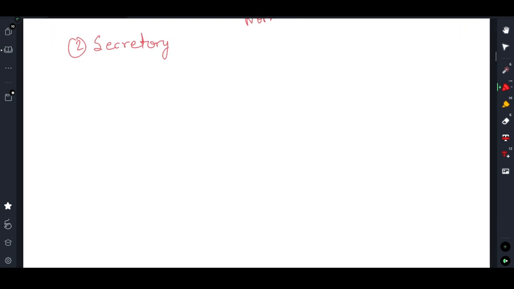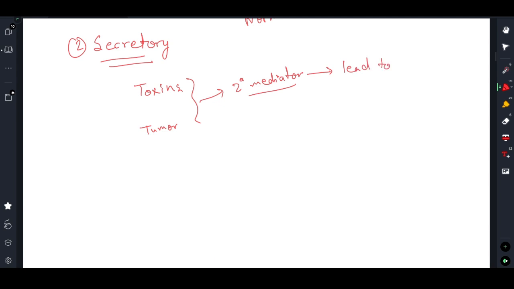So what happens in secretory diarrhea is that you have an external agent, let's say an infective organism that will be releasing toxins, or you have a tumor within, let's say a VIPoma, which will be releasing vasoactive intestinal peptide, and what they ultimately do is they activate some secondary mediator which will lead to diarrhea.